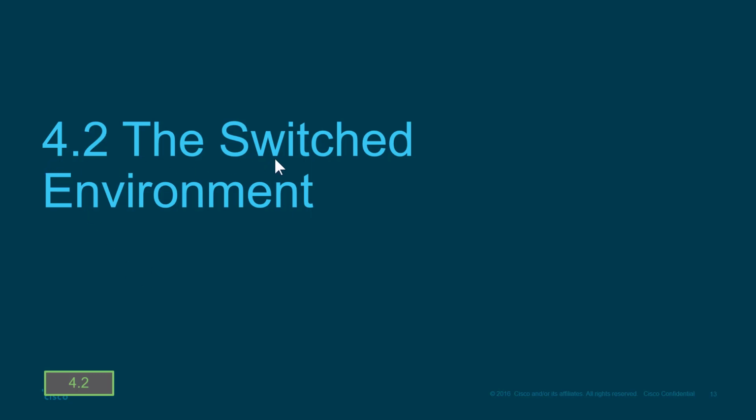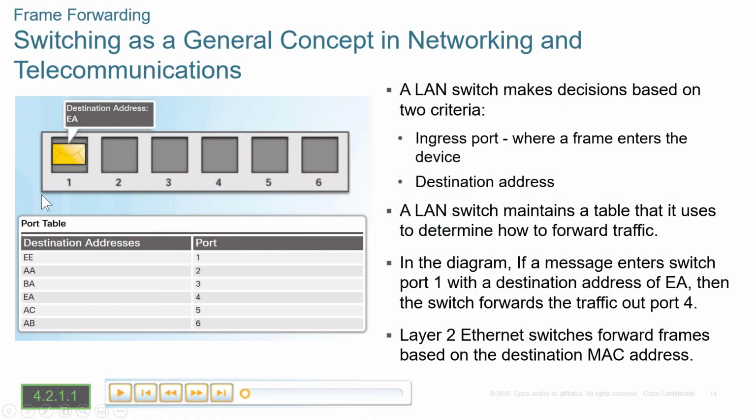So section 4.2 is mostly a review from Cisco 1. So let's take a look at it. Let's look at how a switch decides to forward frames. First of all, remember that switches work with frames. That's layer 2, and that's MAC addresses. Layer 3 is packets, and that's IP addresses.